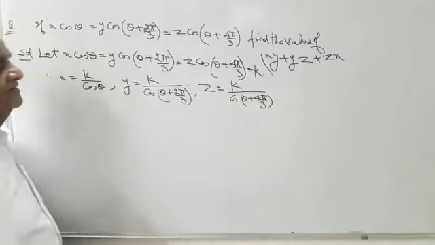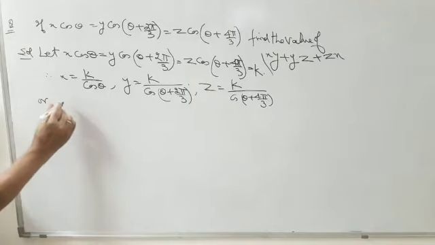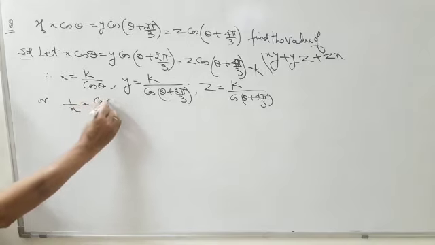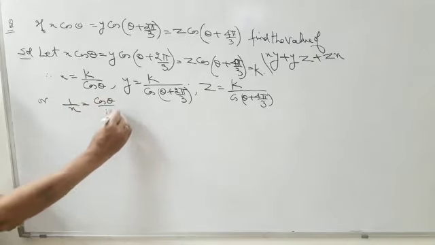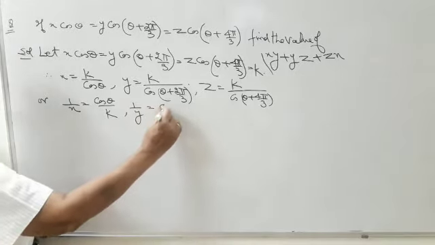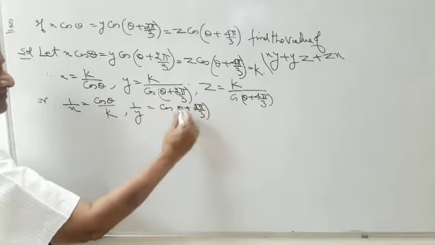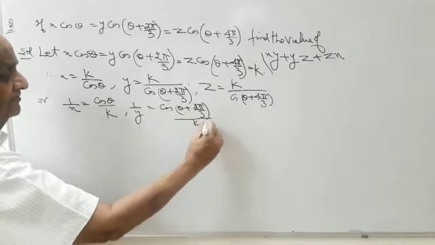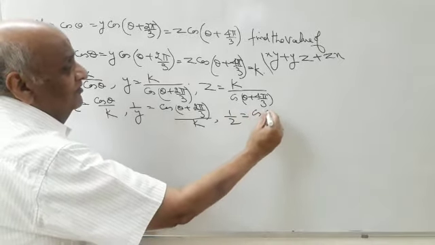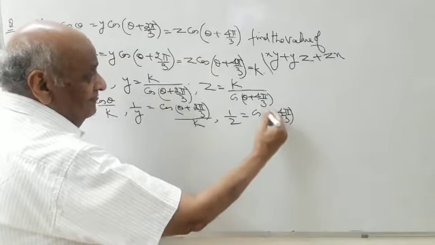Find the values of x, y, z, or take the reciprocals, or we say 1 upon x is equal to cos theta upon k, 1 upon y is equal to cos theta plus 2 pi by 3 upon k, 1 upon z is equal to cos theta plus 4 pi by 3 upon k.